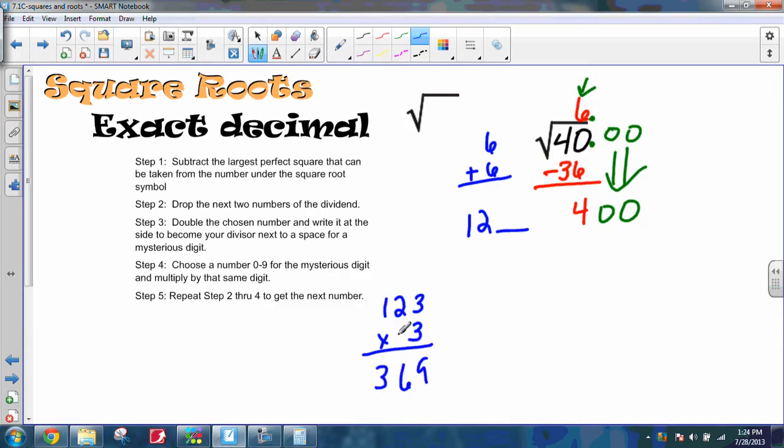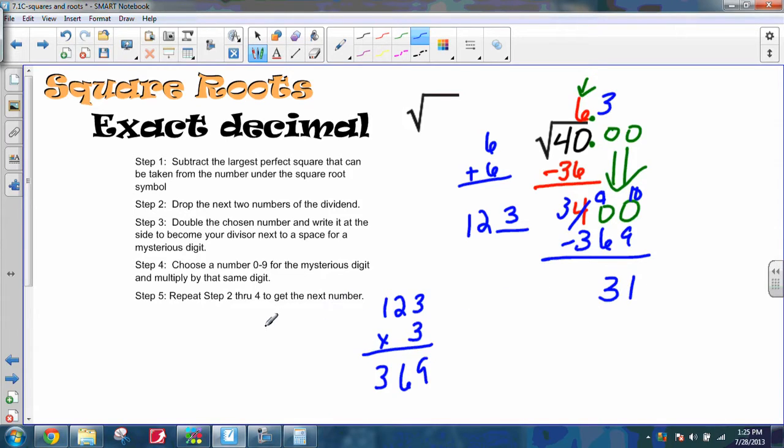So this is the most times that 120 something can go into 400. So I'm using 3. So I'll subtract 369. So that'll be 1 and 3, a remainder of 31.